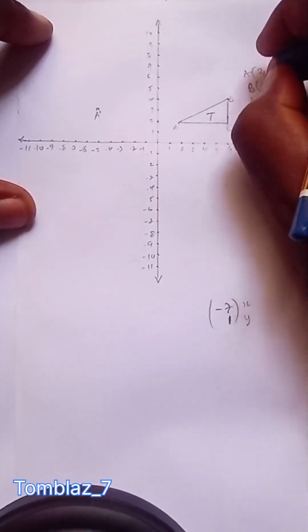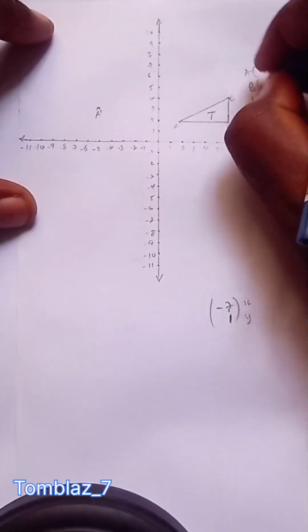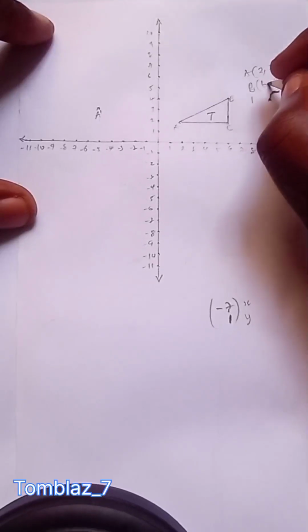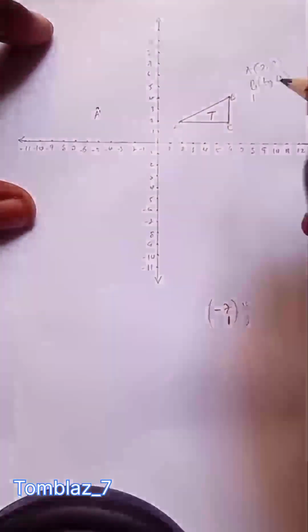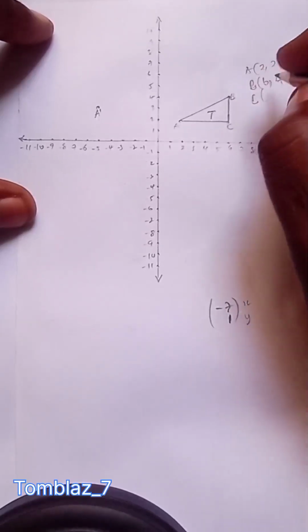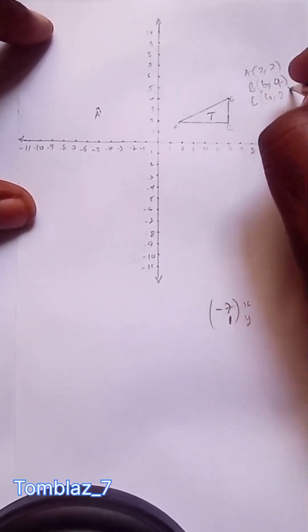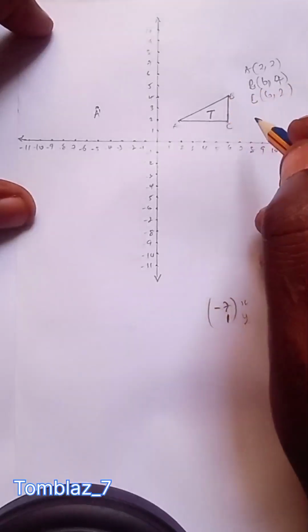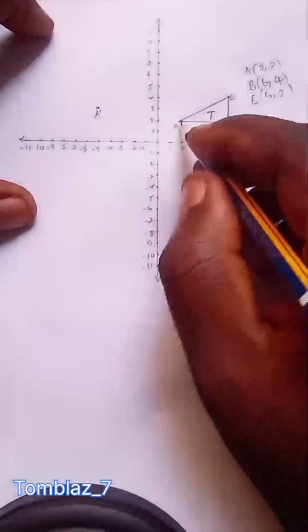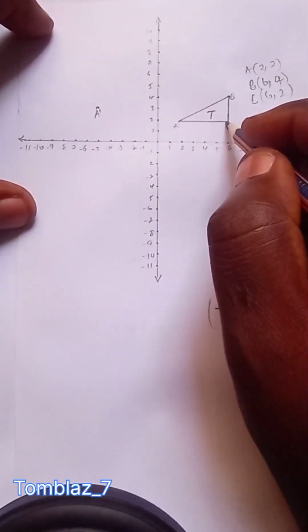Let's take B. Let's not jump. B has coordinates (6, 4), and then C has coordinates (6, 2). All right, so this is where we are.